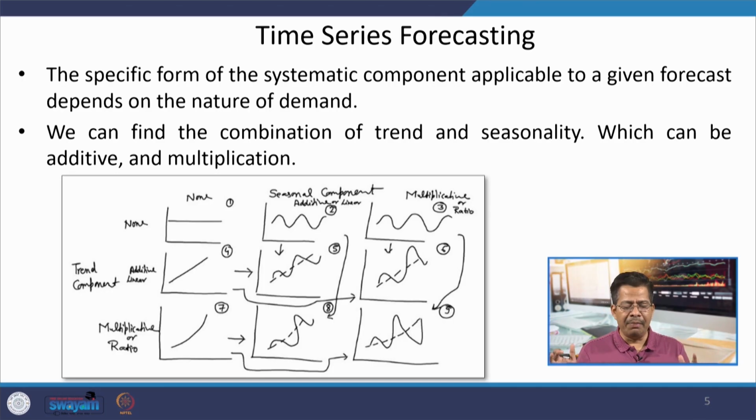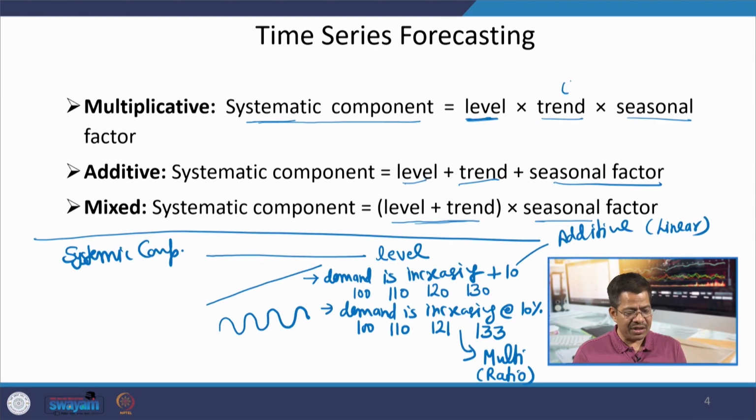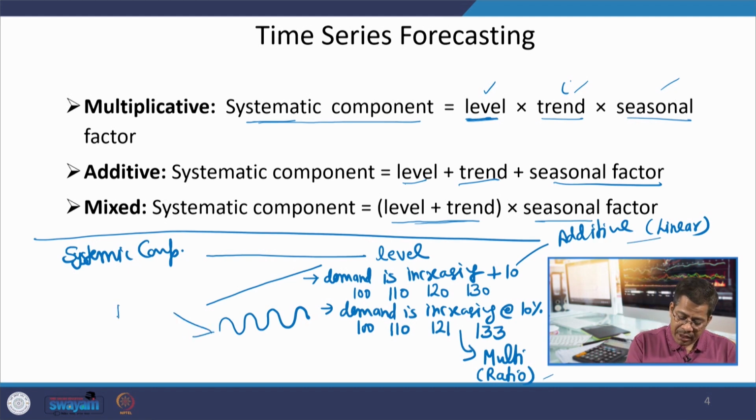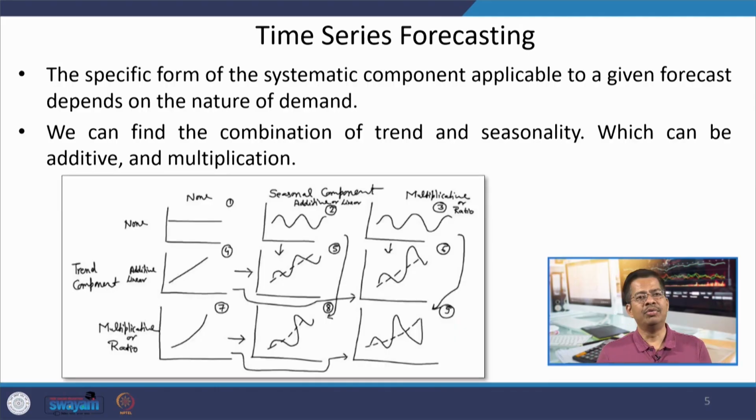Now, here you see that we may have various different combinations, like we just saw: you have level, trend, seasonality, and trend can be additive or multiplicative. Seasonality can also be additive and multiplicative. So, in this way you may have a variety of combinations of trend and seasonality with level.